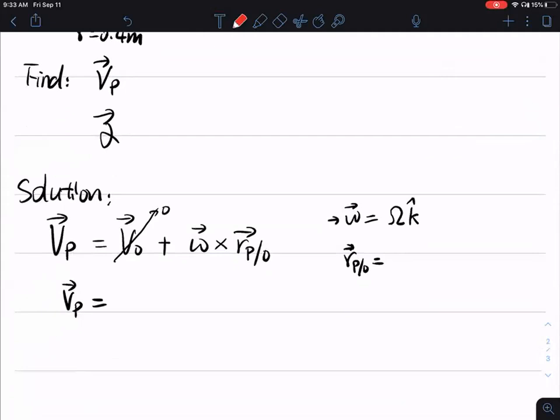So Rp/O as a vector is negative 0.4 I plus 0 J. There's nothing in the J direction.